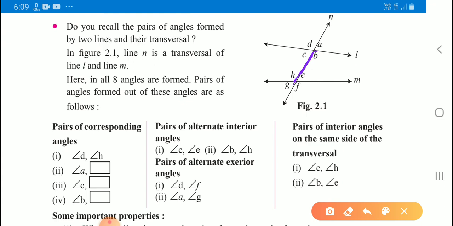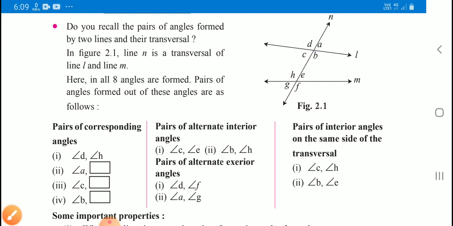Now within that you will get the pairs of corresponding angles, pairs of alternate angles and interior angles. Within that there are four pairs of corresponding angles, then 4 pairs of alternate angles. In that alternate angles, you will get the 2 pairs of interior alternate angles and 2 pairs of exterior alternate angles, as well as you will get there the pairs of interior angles.